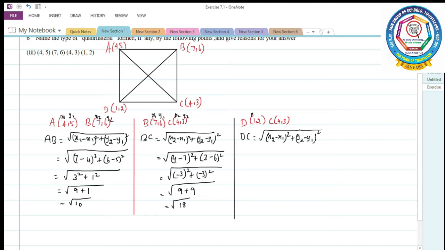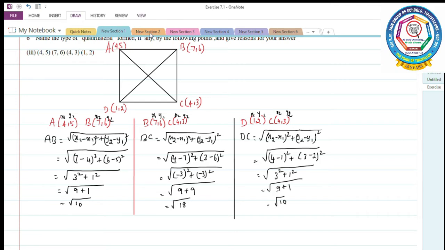So this is x1, y1, this is x2, y2. Then square root of (4 minus 1) the whole square, plus (3 minus 2) the whole square. This is equal to square root of 3 square plus 1 square. The square of 3 is 9 and 1 square is 1. So square root of 9 plus 1, square root of 10.